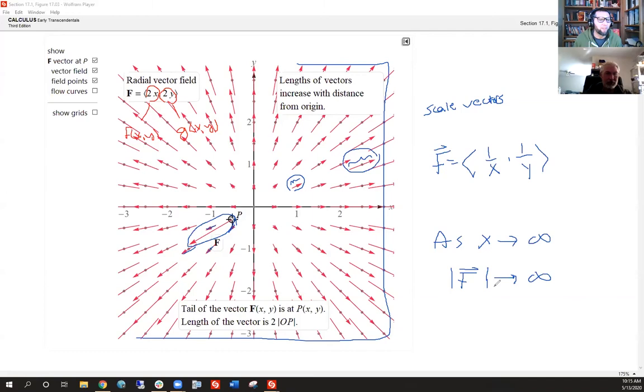I'm not quite sure what that would represent, but the point isn't really what's the length. We're not really looking at limits at this stage. We're just trying to understand what vector fields look like, and specifically in this case, a radial vector field where everything is spreading out from the origin. Did that answer your question? Sure. Very good. All right.